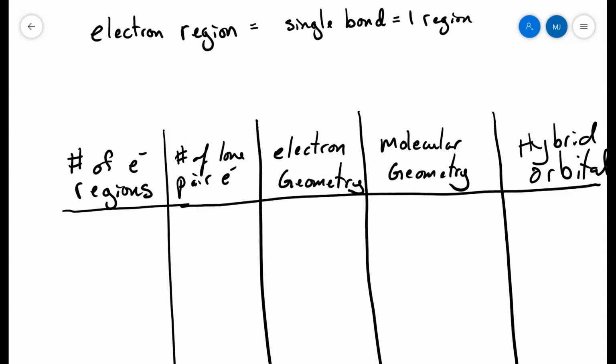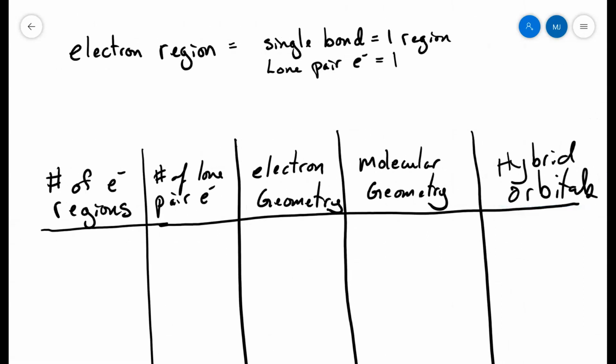There's two electrons in that region, and that region acts as a single unit. A lone pair of electrons also acts as a single unit. When we're looking at what repels each other, a lone pair will act as one region. So a single bond is one region, and a lone pair of electrons is one region.